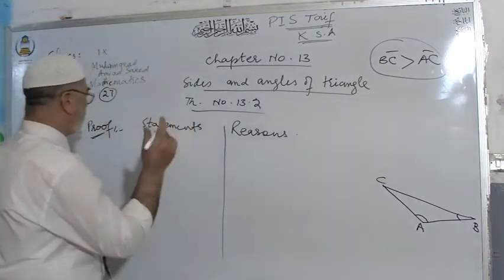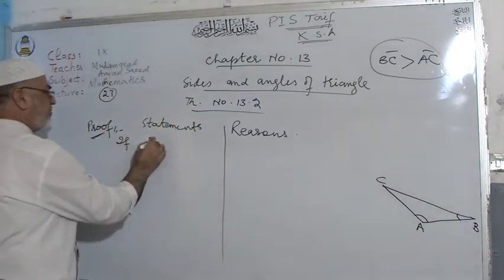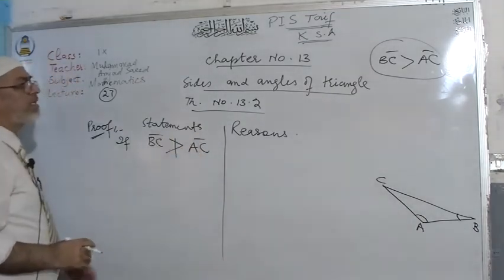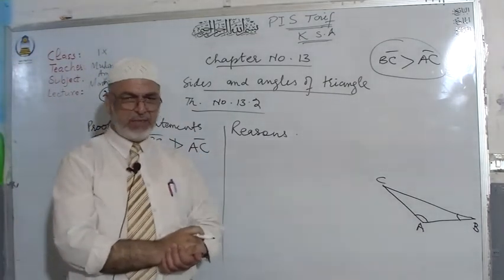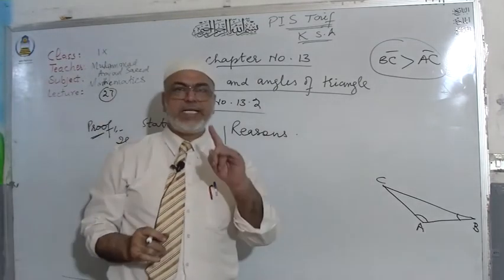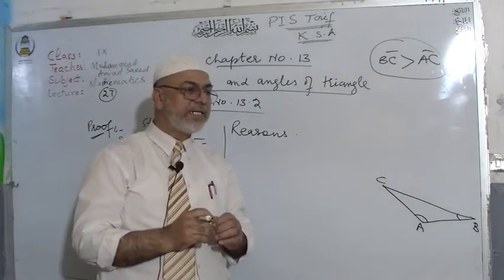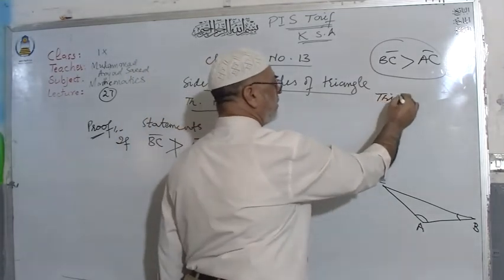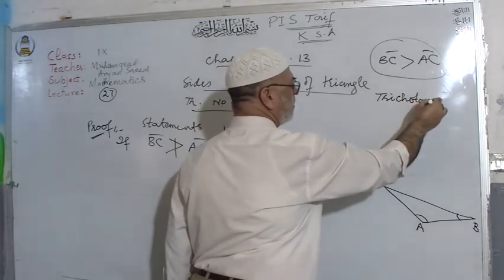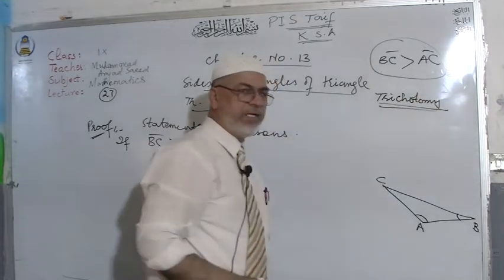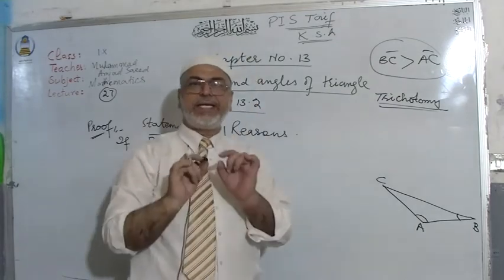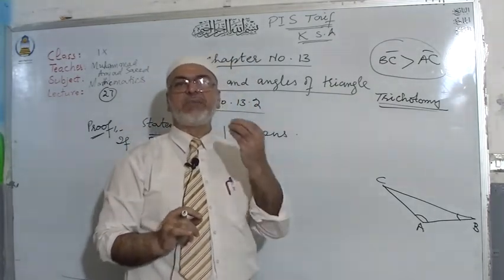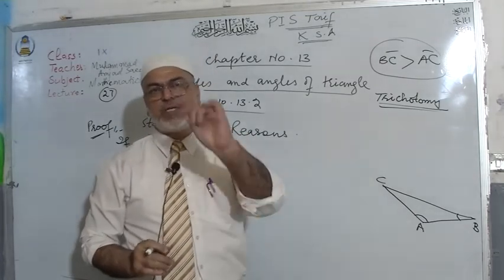So here, suppose BC is not greater than AC, then what are the possibilities? My dear students, there is a property that is known as the trichotomy property. Trichotomy property means that there are three types of relations possible between any two numbers.